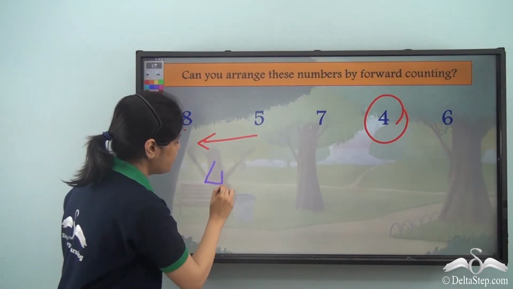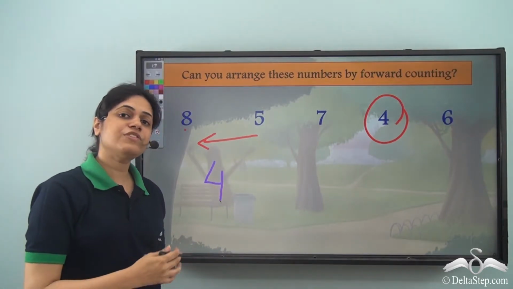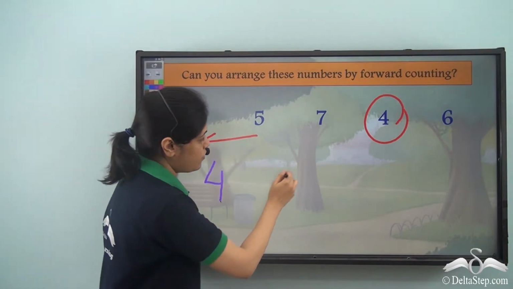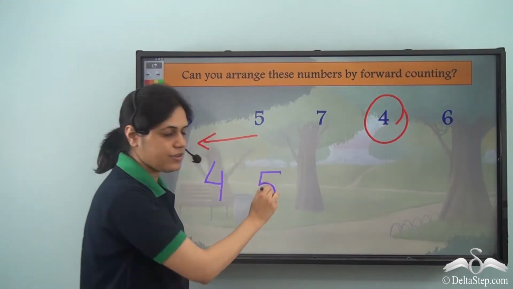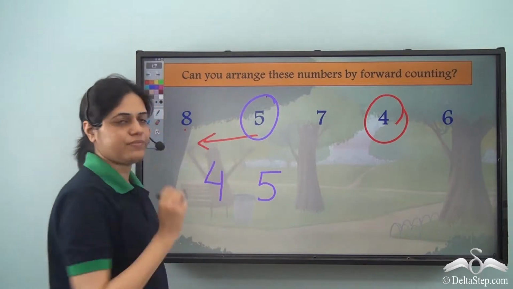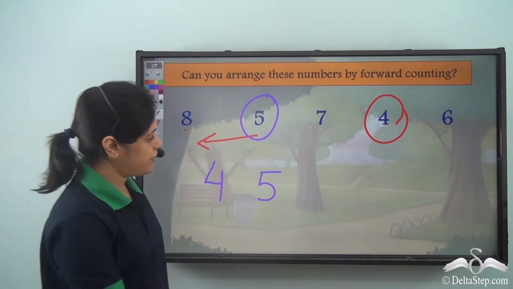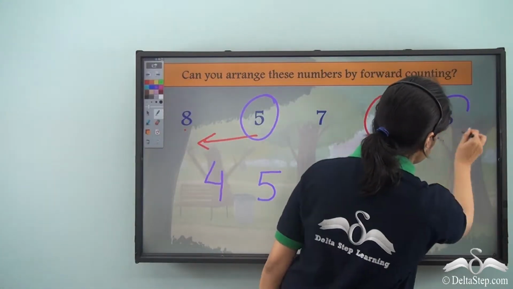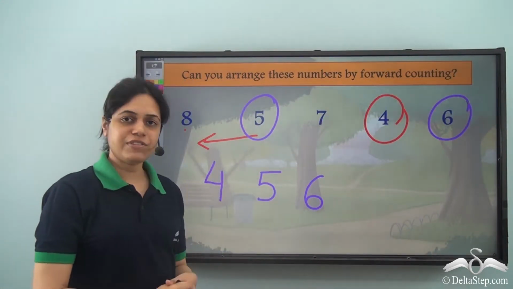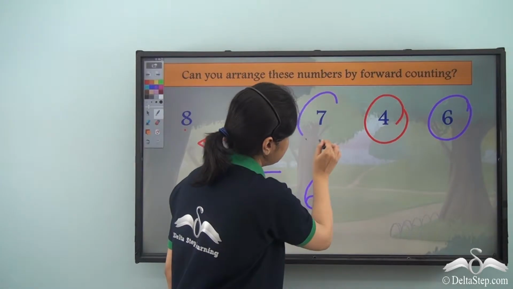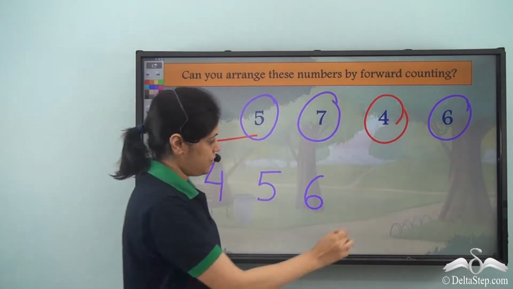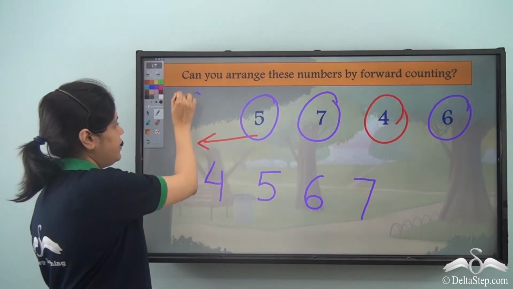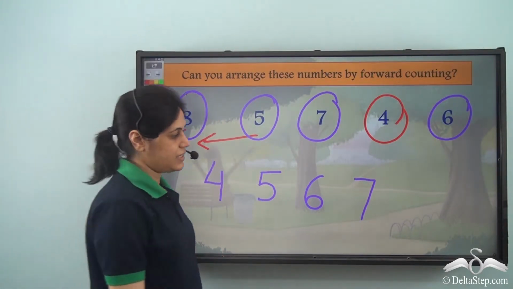So 4. What comes after 4? Well, after 4, we have 5. So we have covered 5. After 5, we have 6. So we have covered 6 as well. After 6, there comes 7. So 7. After 7, we have 8.